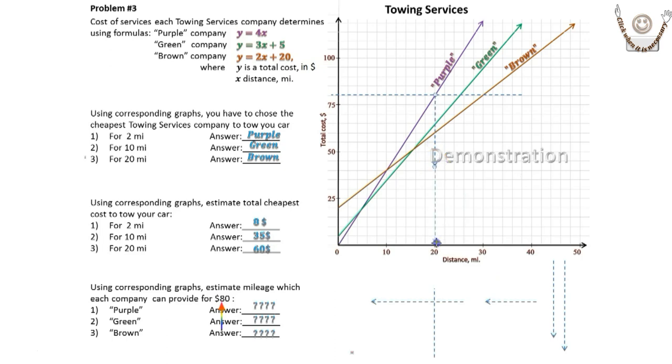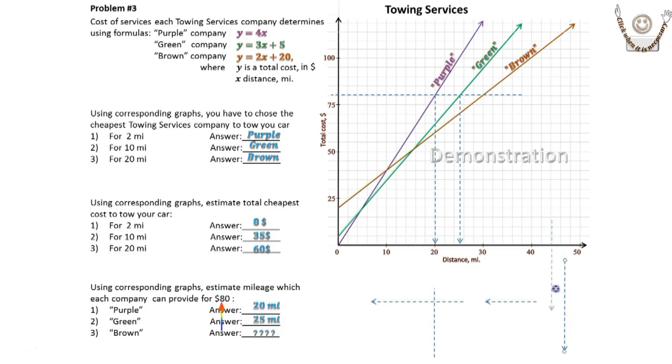Purple company can provide 20 miles. Green company 25 miles.